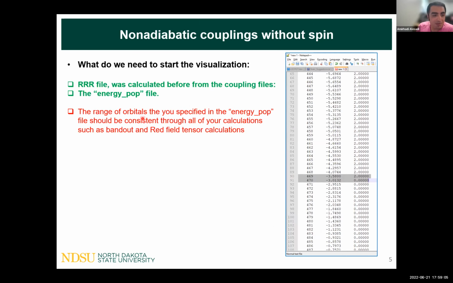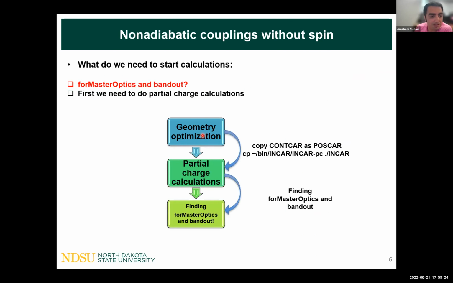The most important point before starting is that the range of the orbitals that you choose should be the same. That included the energy pop, but we should use the exact range for the coupling calculation and also for the partial charges to generate the needed input files.